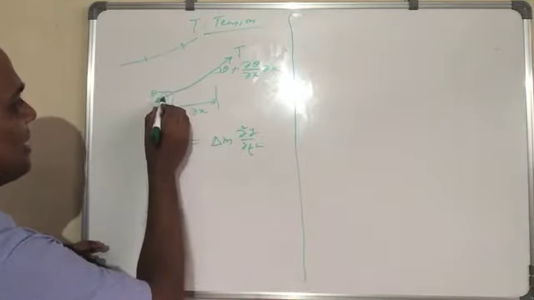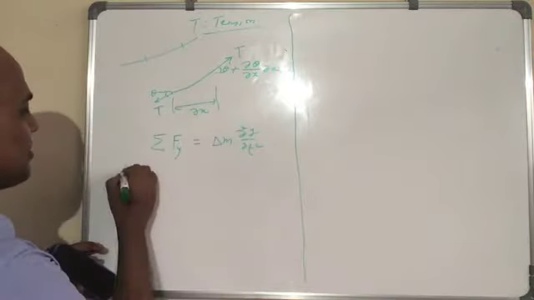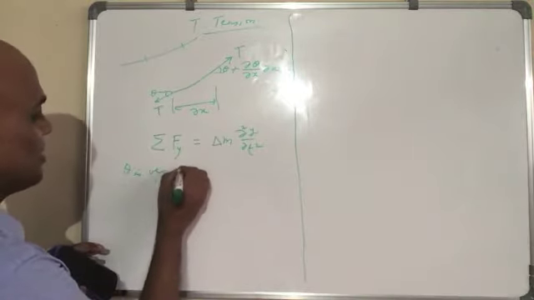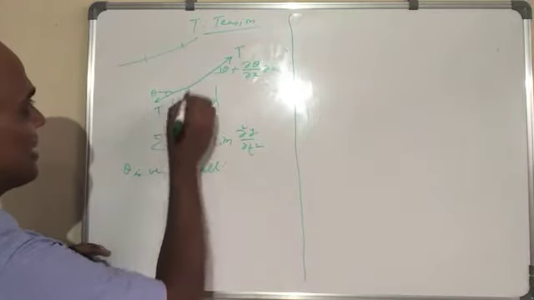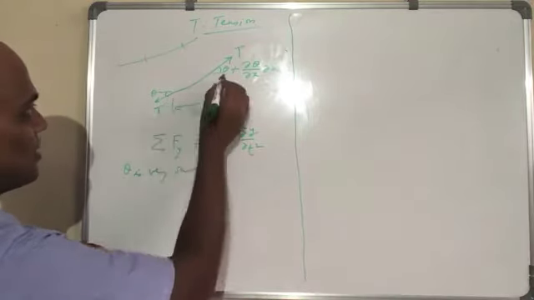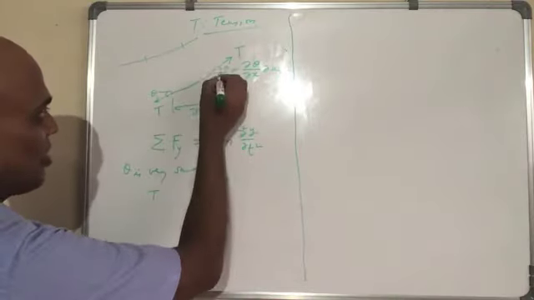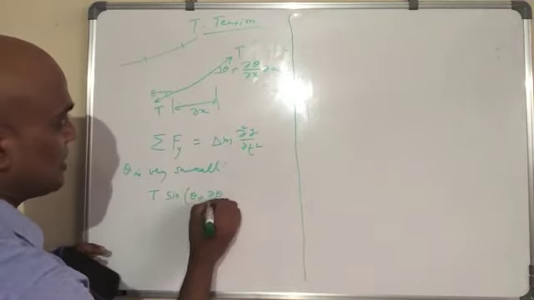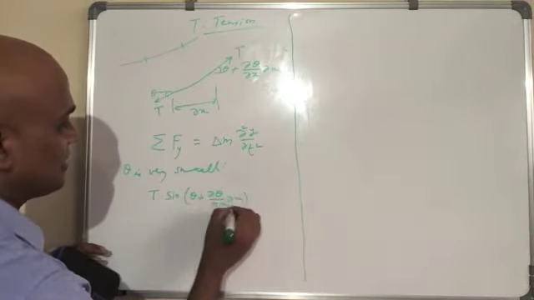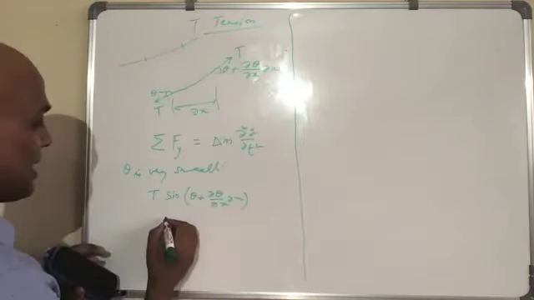What we see here is that theta is very small, and we will assume that. So we get all the vertical forces. In the positive direction, we get T, and we get the sine, so sine of theta plus del theta over del x.